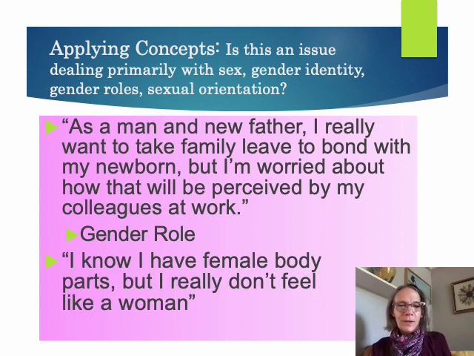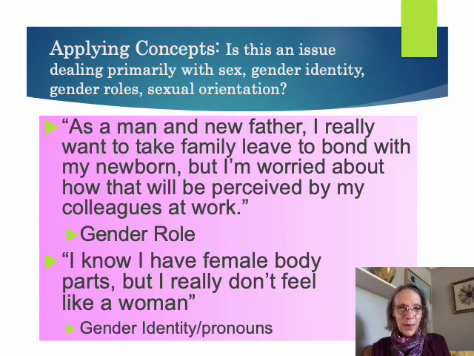And then finally, I know I have a female body and female body parts, but I don't really feel like a woman. Is that gender identity, biological sex, gender roles, or sexual orientation? If you said gender identity, that is correct. It's your psychological sense of your identity in terms of your gender. And I just did want to mention that that's where pronouns come into play.